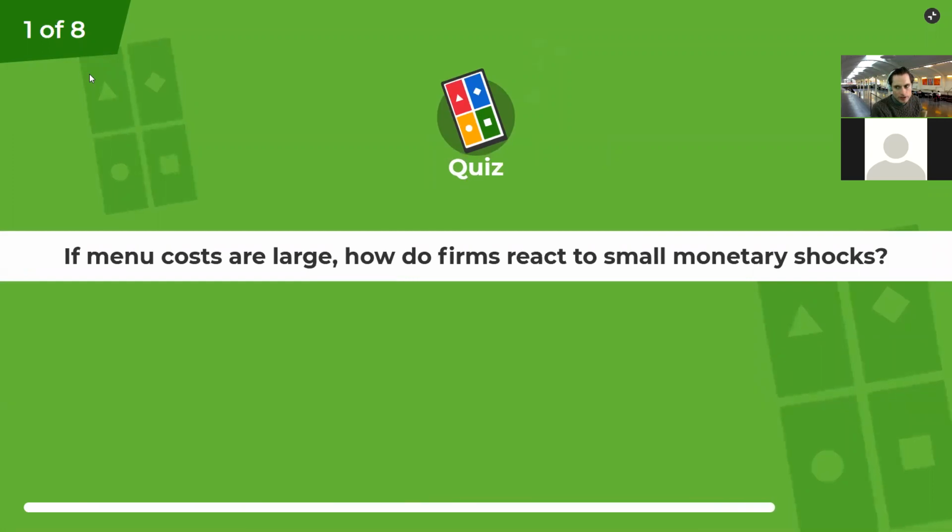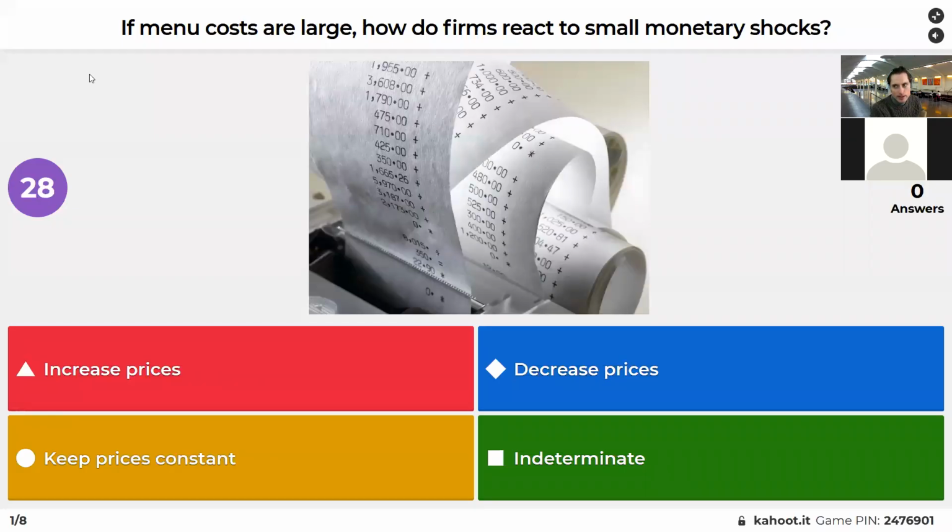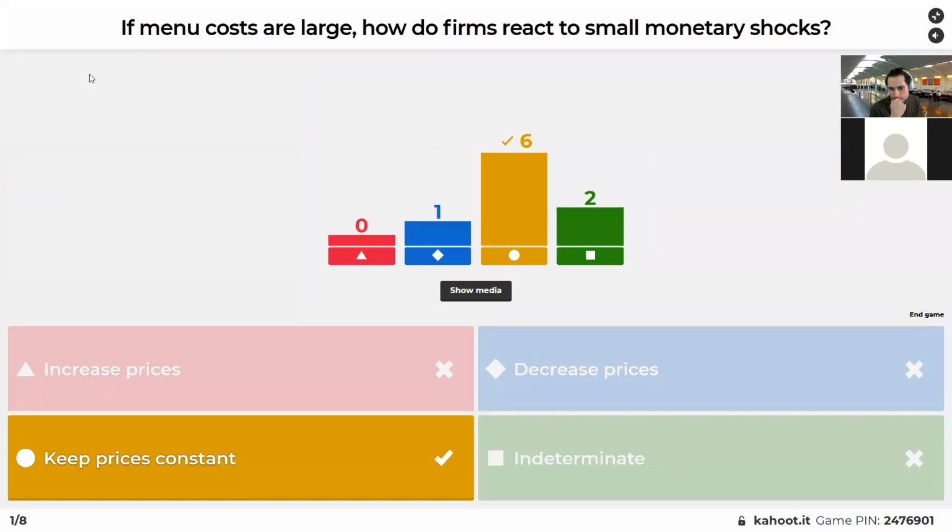If menu costs are large, how do firms react to small monetary shocks? Yeah, so you recall that it was the other asymmetry that you kind of show in the textbook, or in the slides.